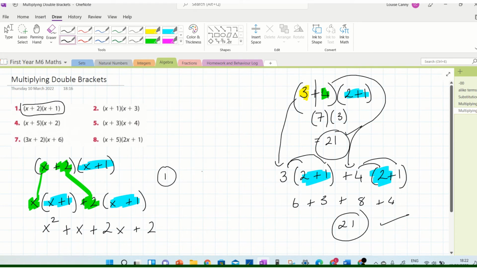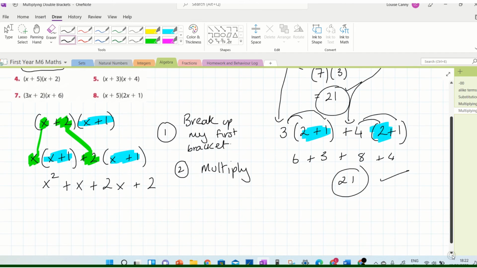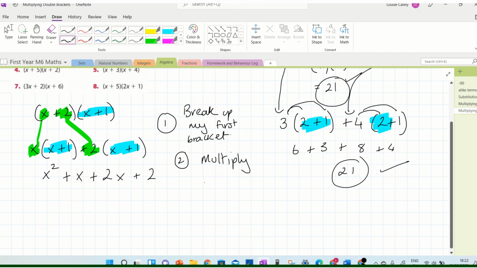So my step 1 there is to break up my first bracket. Then my step 2 is to multiply my second bracket by the terms in the first bracket.